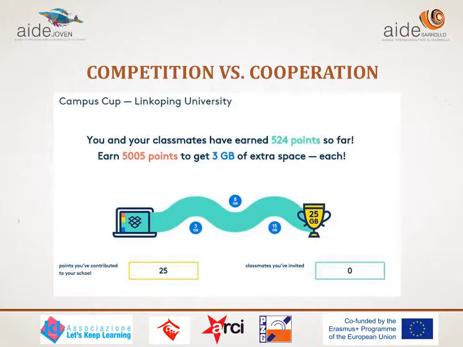They will sort of get hooked on this extra space because after a while, I think it was 3 years, but I don't really remember, but like a student life cycle, the extra space would disappear. So what happens when all your documents are saved in a place that no longer has the space to keep them?